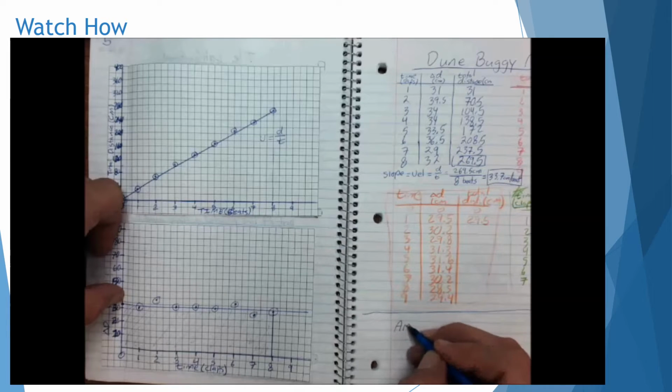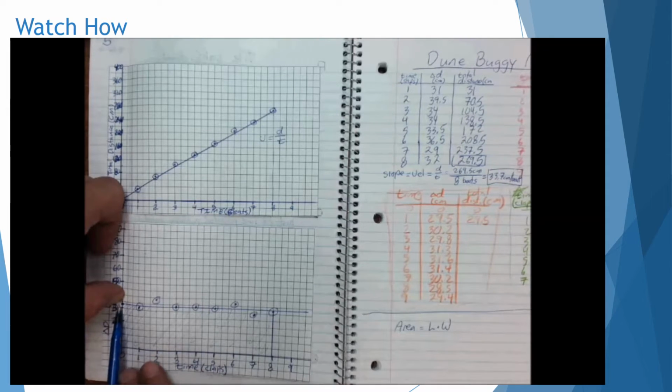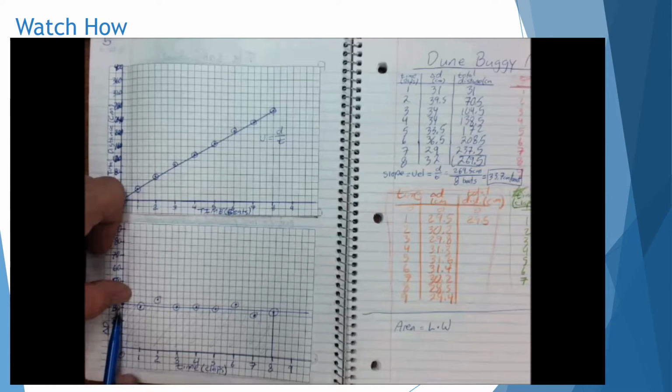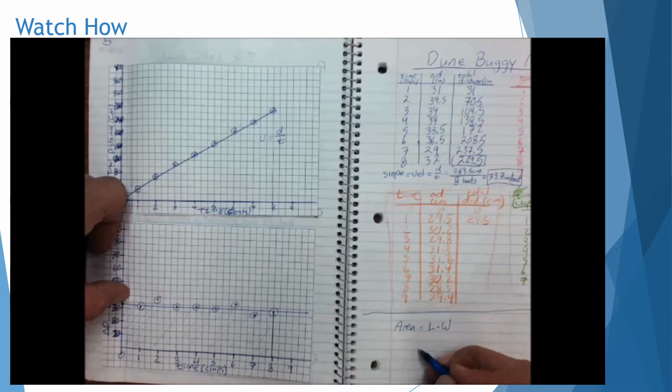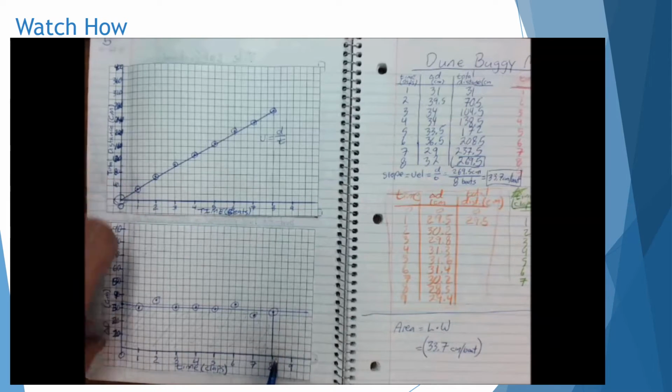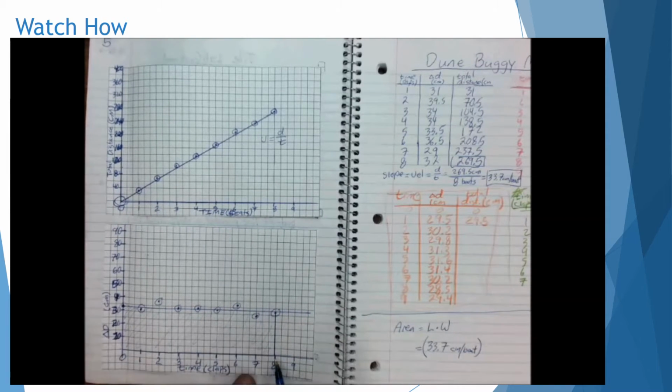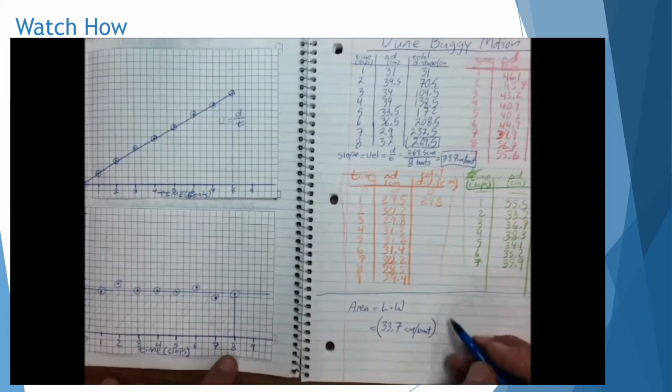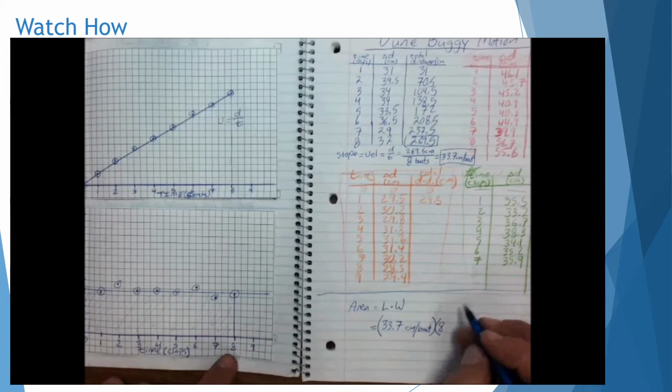Area is equal to length times width. So let's look at my length here, and let's call this my length, and I know that it is 33.7 centimeters per beat, or clap. My width is going to be 8 claps, or beats.